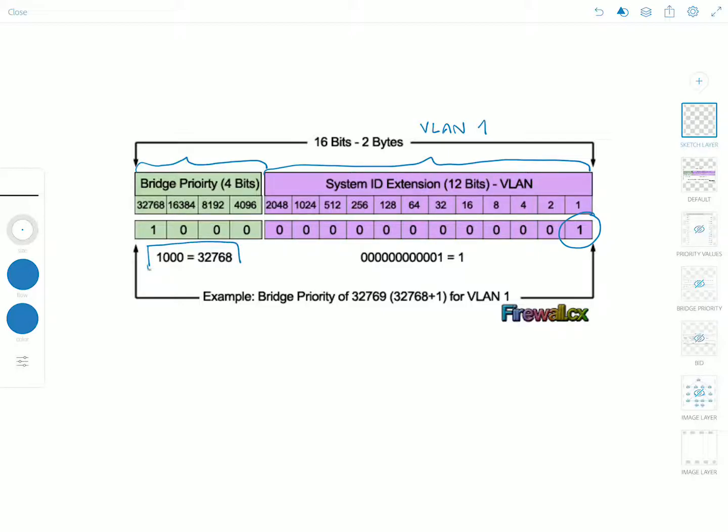And when you put those two numbers together, you get 32,769, which is what you would see in the show spanning-tree output, because that is what the bridge priority is in total: the bridge priority value itself, and then the VLAN ID. But yeah, that is why you can increment the bridge priority value by 4096 only, because we can manipulate only these 4 bits.